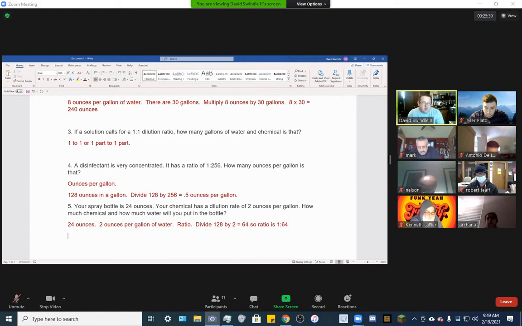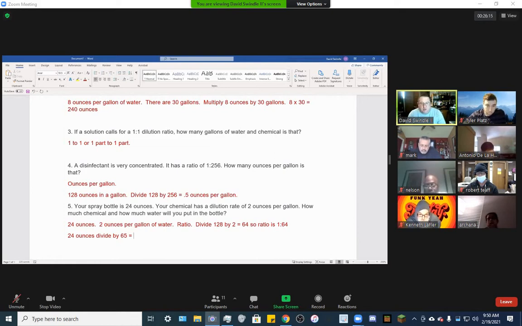The second part of it is we're now trying to figure out, and there's actually 3 steps to this, how much chemical and how much water. How many parts are there? If we have a 1 to 64 ratio, how many parts is that? 65 parts. 65 parts, exactly. So now we're going to take the 24 ounces, divide it by 65, and several of you actually divided it by 64, but this one will be 65.